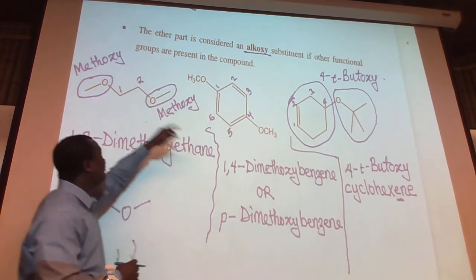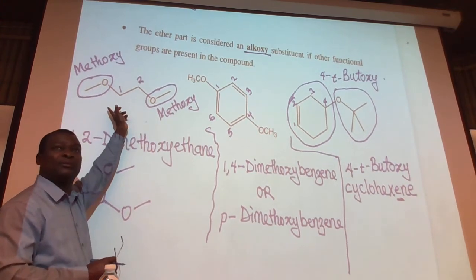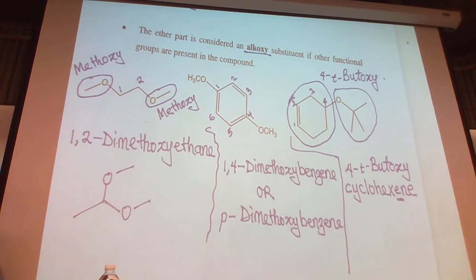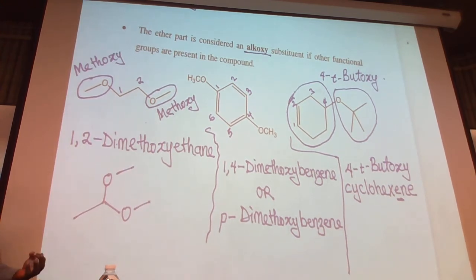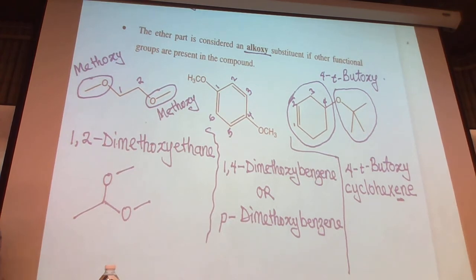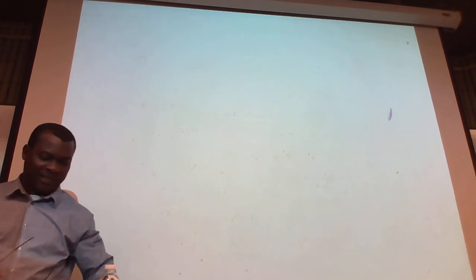And if you look at this, you have an alkane with 2 ether groups. So that's the difference. If it's only 1 ether group, then you go as ether. Okay? Make sense? Very good. All right, so that's about naming. So you should practice more of that.